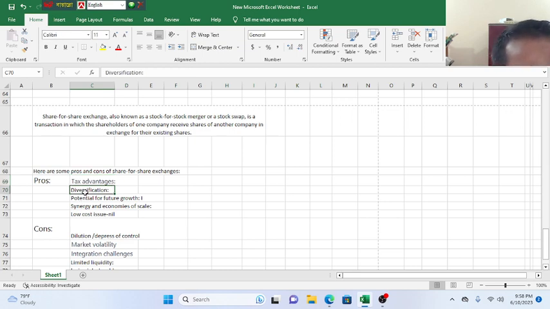Diversification: business may be diversified, for example DigiPay, the payment system, will be their own company, and another, Eagle, their transport company, will be their company. So they will be under the control of the company.